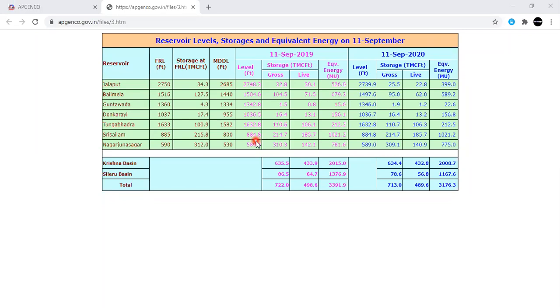The point I'm going to make here is, when we consider a very short duration, there is no such difference in terms of head. Head is nothing but the level of water you can store. So there is no such difference when we take a shorter duration. But for a longer duration, in the rainy season, we can maintain almost 884.8.